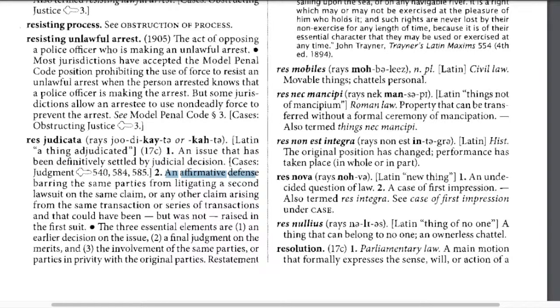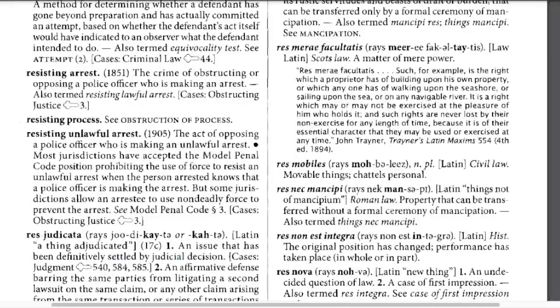It's also an affirmative defense, barring the same parties from litigating a second lawsuit on the same claim or any other claim arising from the same transaction or series of transactions, and that could have been, but was not, raised in the first suit. Three essential elements are: 1, an earlier decision on the issue; 2, a final judgment on the merits; and 3, involvement of the same parties or parties in privity with the original parties.